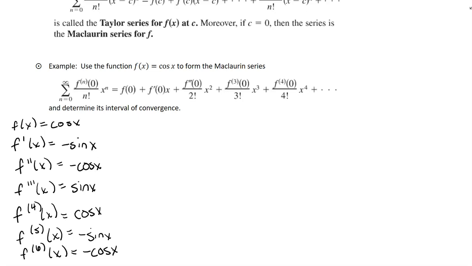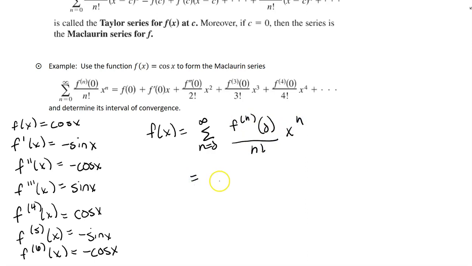According to how this works, f of x, which is the sum from 0 to infinity of the nth derivative at 0 divided by n factorial times x to the n, is actually, for n equals 0, cosine of 0.